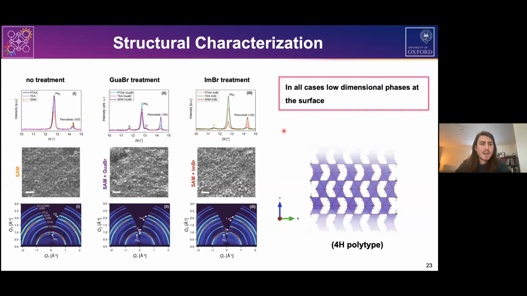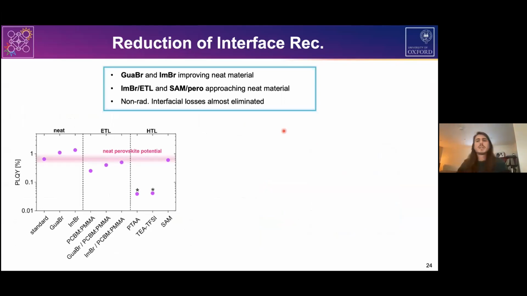And now, in order to understand what these optimizations did in terms of non-radiative recombination, we used the approach that I introduced before. So we studied basically the photoluminescence quantum yield of the material, the neat material, or in contact with the HTL or the ETL. And we can see that already in the neat material, guanidinium bromide and imidazolium bromide push the PLQY to higher values, indicating that they act as an effective surface passivation already in the neat material.